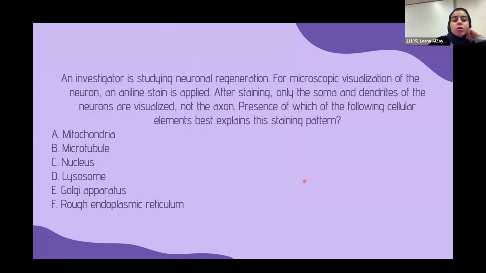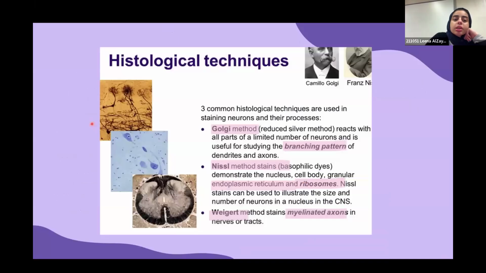And it's because, over here, I'm going to show it to you guys. This is the slide on histology techniques. We have the Golgi method, the Nissl method, and Weigert's method. The Golgi method is for branching patterns of dendrites and axons. In the question, they specifically mentioned that no axons are involved.